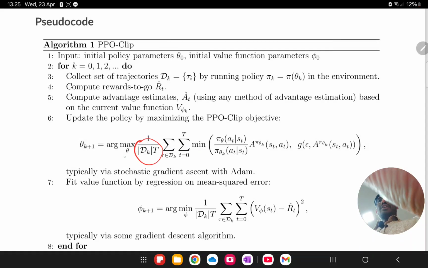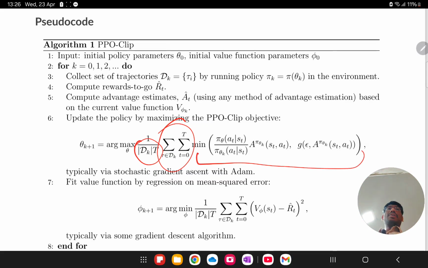Then how many s comma a pairs will you get? The number of trajectories times the number of time steps. You are computing this expression for all of them and taking a sample average. That will be your objective.